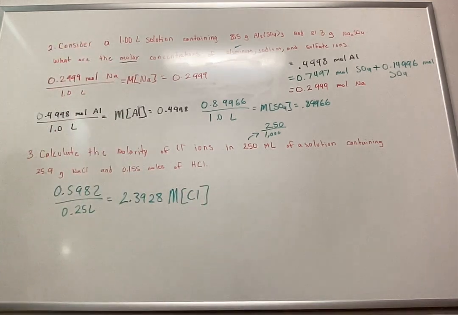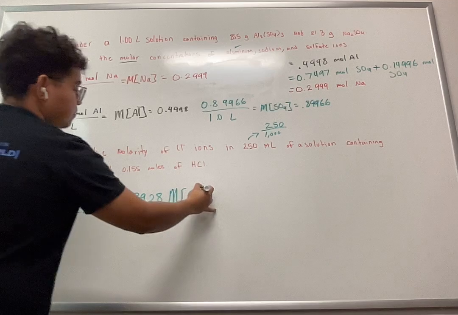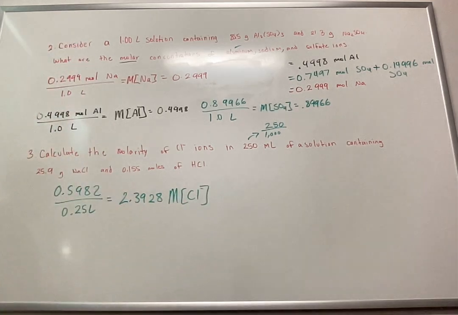There we go. You might have to do a little negative sign on there. I don't really know, to be honest. Let's say yes. Let's put it on there. But then that means that I missed it on the first three, aluminum sulfate and sodium. So maybe not. Okay, that's it.